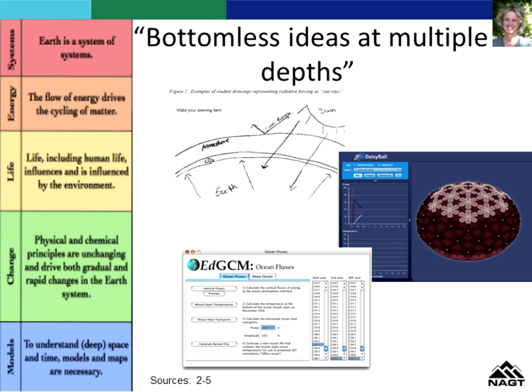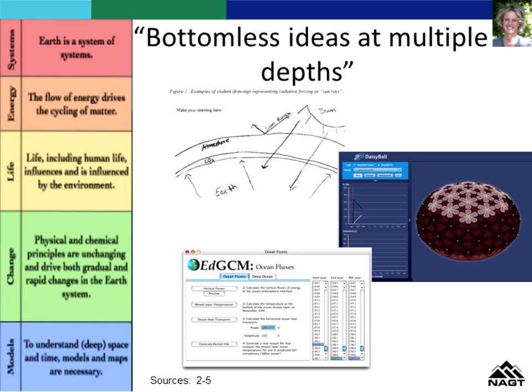I pulled from Don's writings this idea of bottomless ideas at multiple depths, and that's really where to think as you're looking through the grades. Also, Don has done a great job of pulling out some of the big ideas in Earth system science, namely that we use models and maps to understand geoscience.